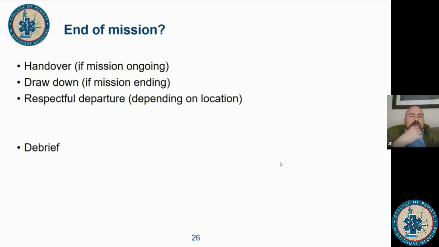And probably the most important part of leaving some austere environment where you have done this kind of work is debrief for you and your personnel. So the chance to reflect on what you've done, and the chance to go over the particularly difficult elements of what you've had to do for your own psychological support, I think is an extremely important thing to do.